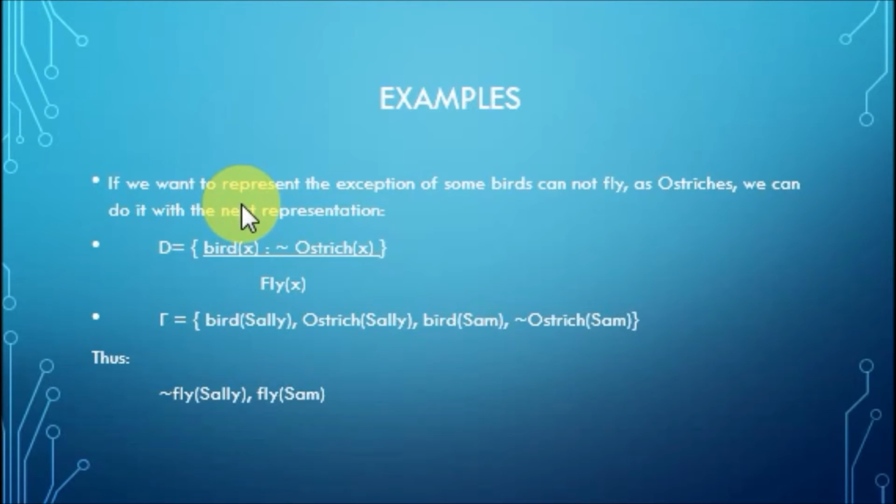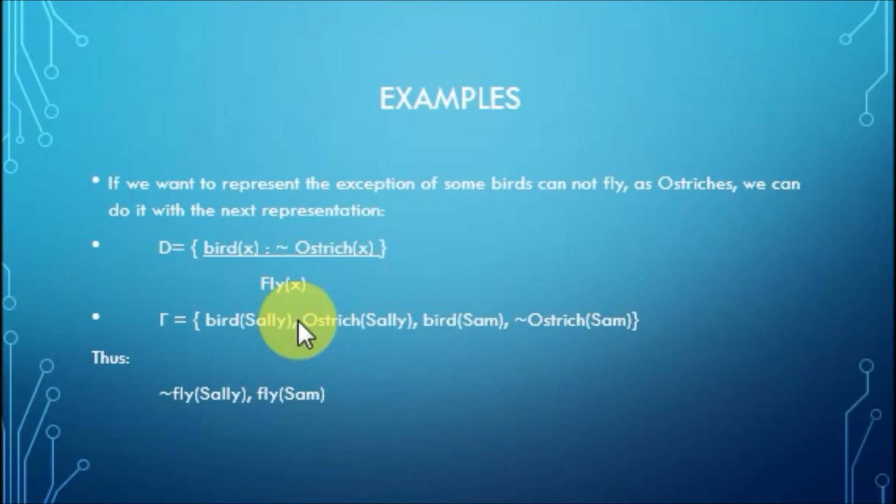We have a D, that is the inference rule: if X is a bird and the condition to be met is that it is not an ostrich, we can deduce that it can fly.